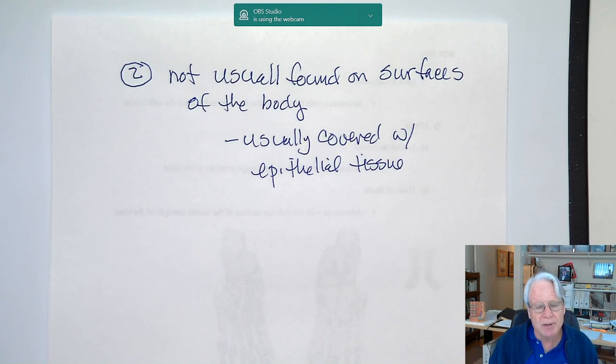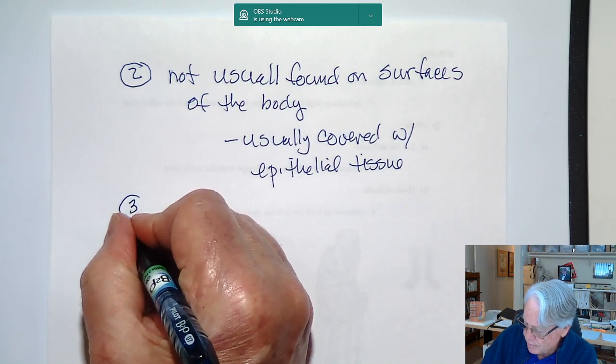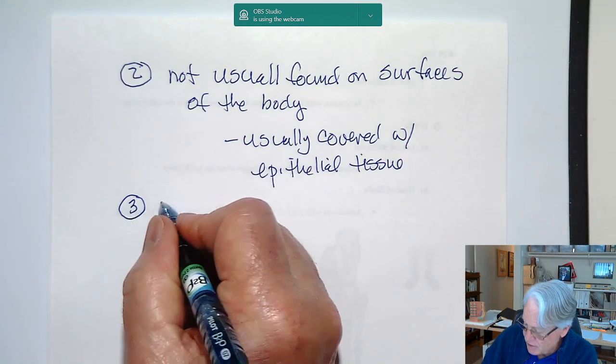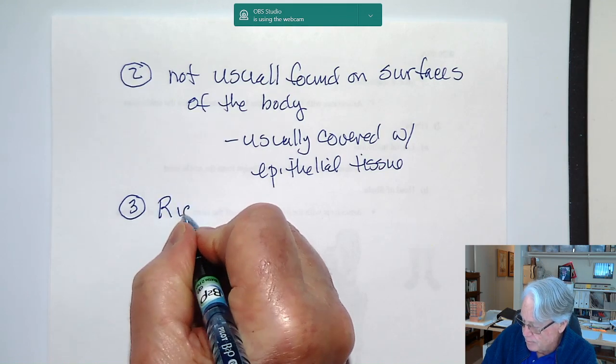So this is typical, and we'll see this all the time as we go through and look at the human body. The connective tissue is generally never exposed, and is usually covered by some sort of layer, and that's typically epithelial tissue. Number 3, it has a rich blood supply.